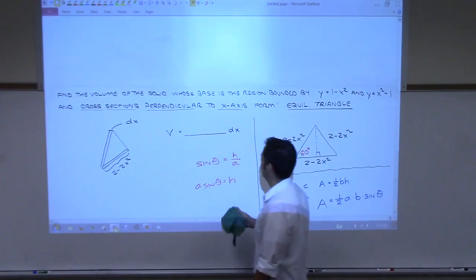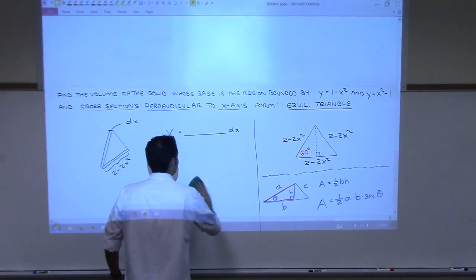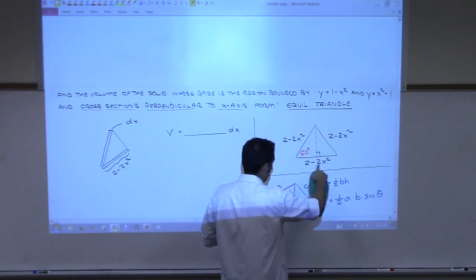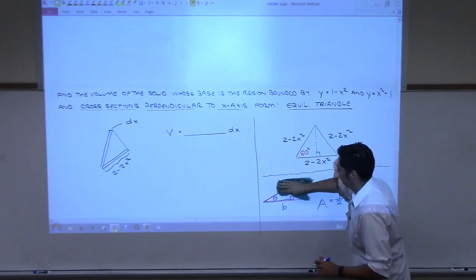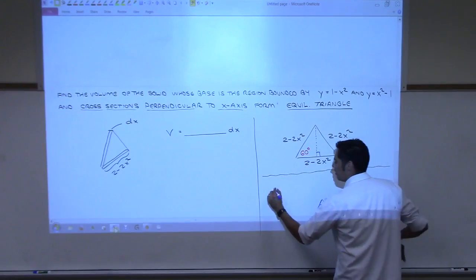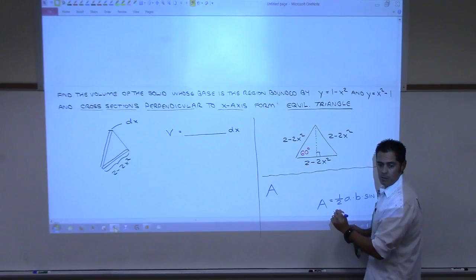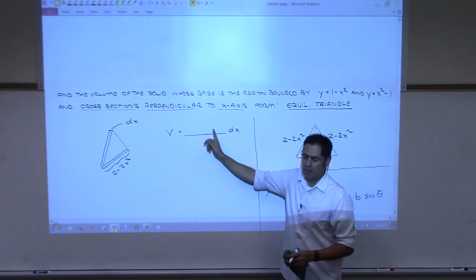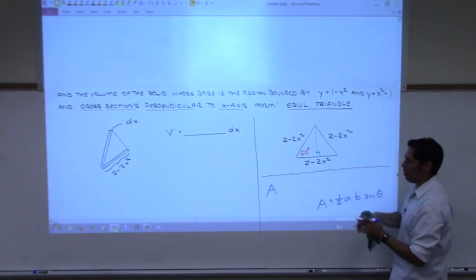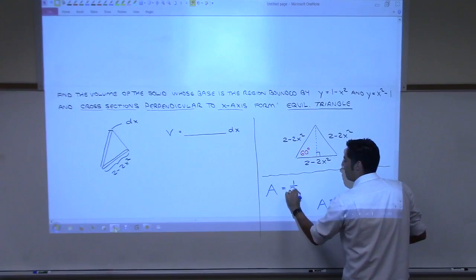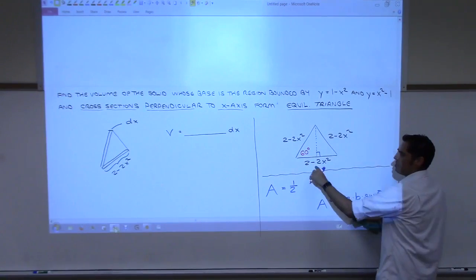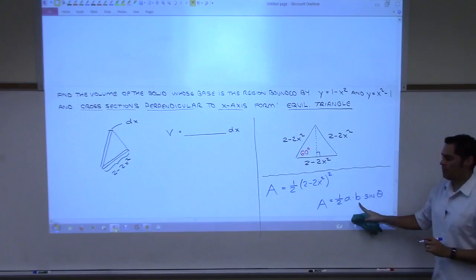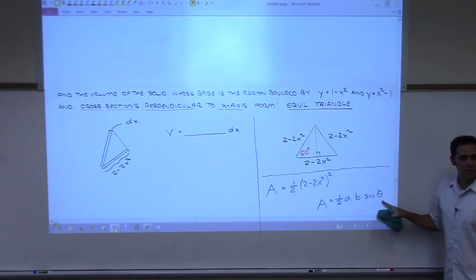I still need to come back up here and get that, but I'm continuing my thought over here. Yeah, we're just going to tag the dx on the end. So really what I'm trying to find is the fill in the blank part right here. The area of this triangle should be 1/2 a times b, which is this side times this side, so 2 minus 2x squared, squared, then sine of 60 degrees.